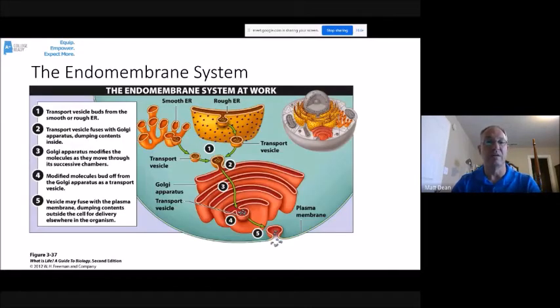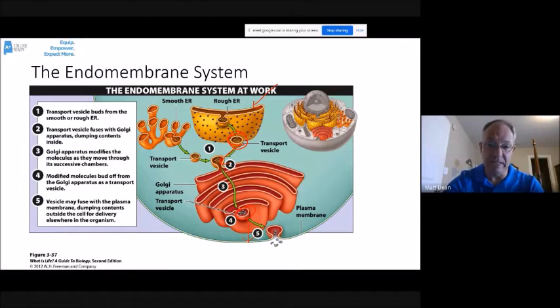Here we can see the endomembrane system happening. So here's the rough ER. Proteins are made, put in a transport or secretory vesicle, fuse with the Golgi apparatus. There, sugars or lipids are added. They move through that Golgi apparatus and eventually break away in another secretory vesicle, bump into and become part of the cell membrane.